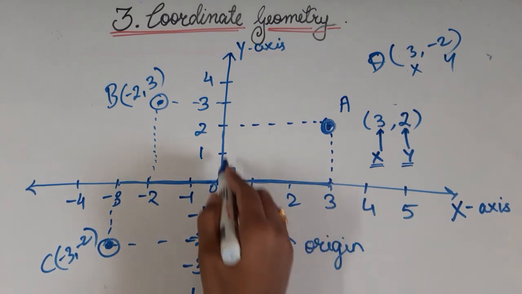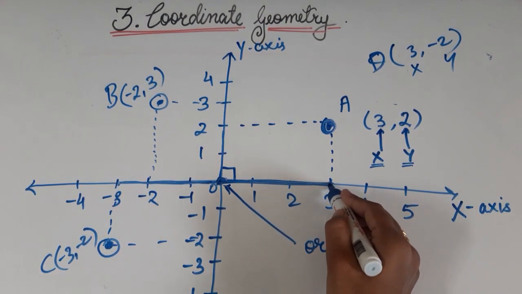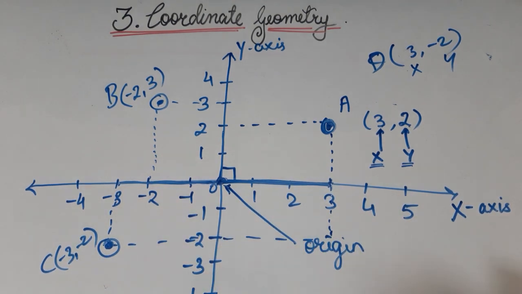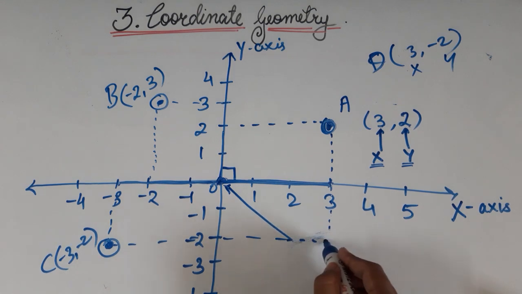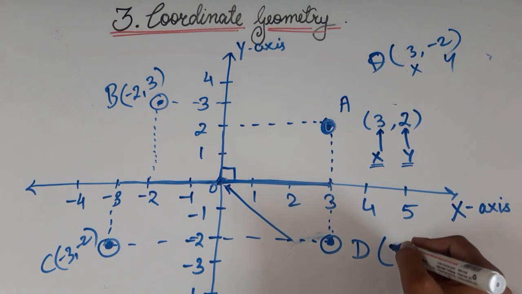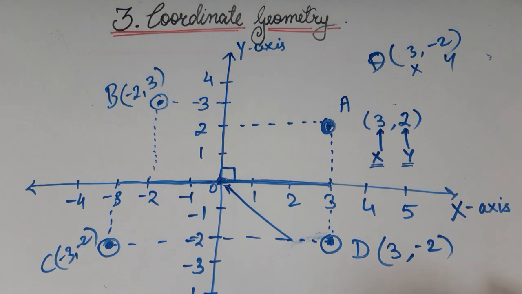So you are going away from the y axis by 3 units, and then the y coordinate is -2, so you will go down by 2 units. So this is your point D, whose coordinates are (3, -2). Okay, in this way you will locate the points.